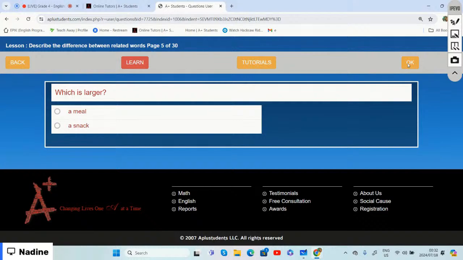Which is larger? Is it a meal that is larger or a snack that is larger? So, which one is larger? Is it a meal that we must eat or just random snacking?